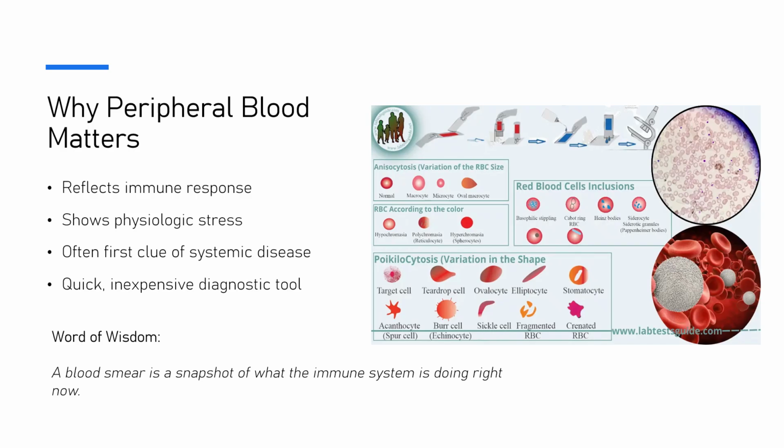A simple smear can provide a remarkable amount of diagnostic information. One of my favorite ways to think about this, and you'll probably hear me say this more than once, is this. A blood smear is basically a snapshot of what the immune system is doing right now. Every cell you see on that slide is there for a reason, and our job as laboratory professionals is to learn how to interpret what that picture is telling us.